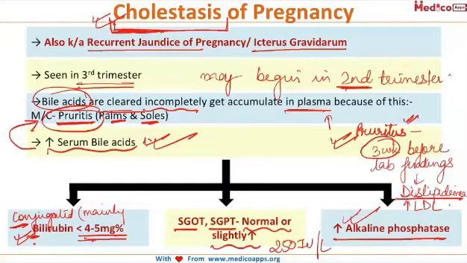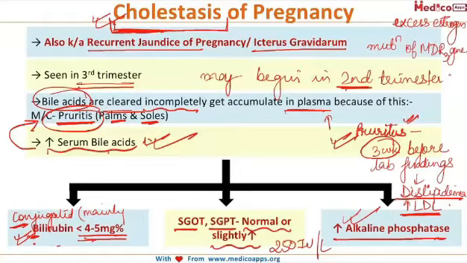So if you do a lipid profile in these patients, you will find an increase in the LDL. And after this dyslipidemia, you can see all the other findings that we have already discussed, that is increase in serum bile acids, increase in the bilirubin, and more so in the conjugated bilirubin. Apart from this, increase in SGOT, SGPT, which rarely exceed 250 international units per liter, and increase in alkaline phosphatase.